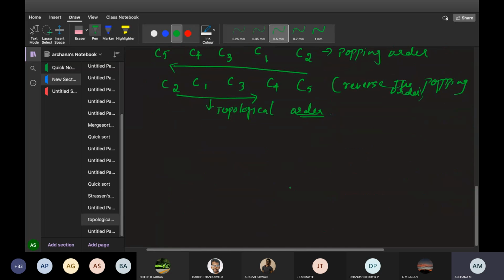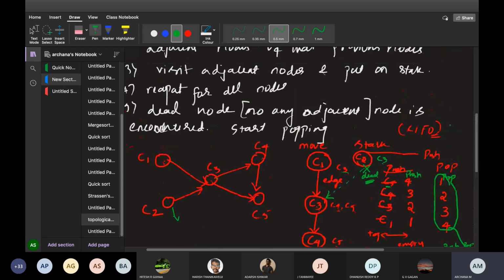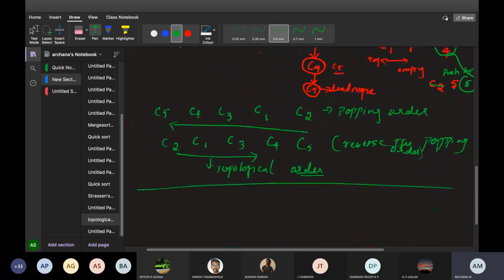Next one, we will go with a very, very important next topic. This was the first one. This is the first sorting technique we are doing, that is, the first sorting algorithm is DFS.